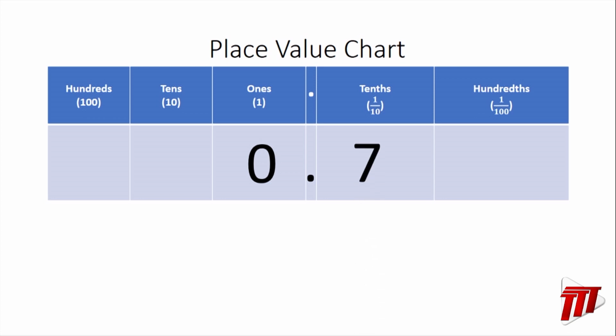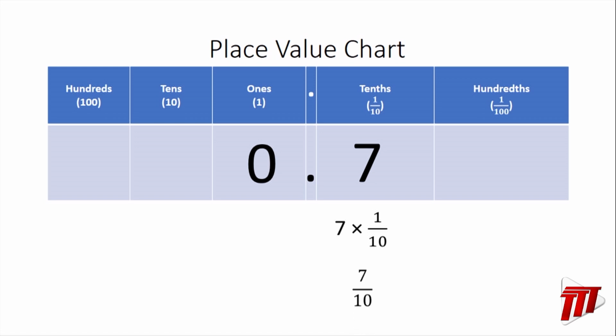And in 7/10, the 7 is going to be in the tenths place. If we are asked what is the value of the 7, we multiply 7 by 1/10 because it is in the tenths place. And 7 multiplied by 1/10 is 7/10.